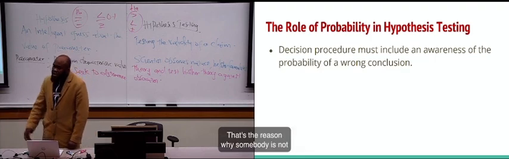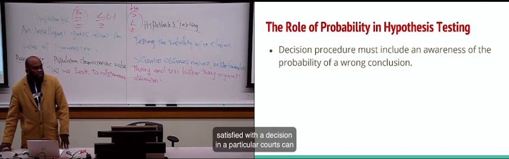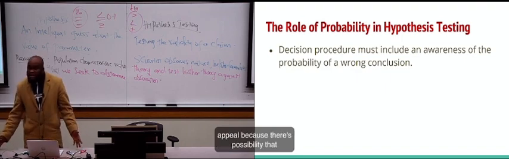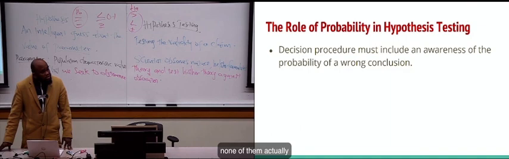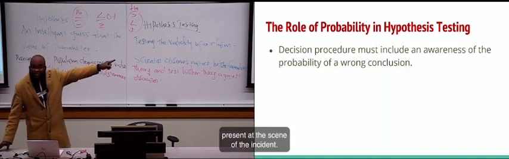That's the reason why, if somebody is not satisfied with a decision in a particular court, the person can appeal, because there is a possibility that the court takes a wrong decision, since none of them were actually present at the scene of the incident.